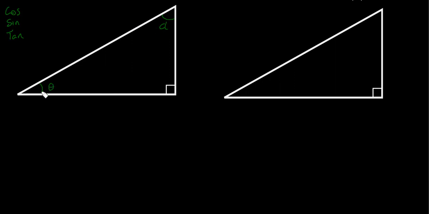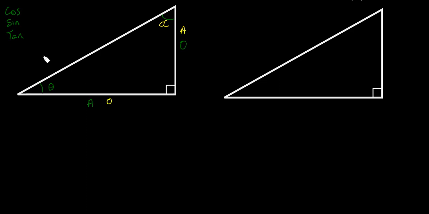If we are to look at theta, according to the theta here, this will be the opposite and this will be the adjacent. Then if we are to look at the alpha, let me just use another color there. For the alpha, this will be the adjacent, this will be the opposite.